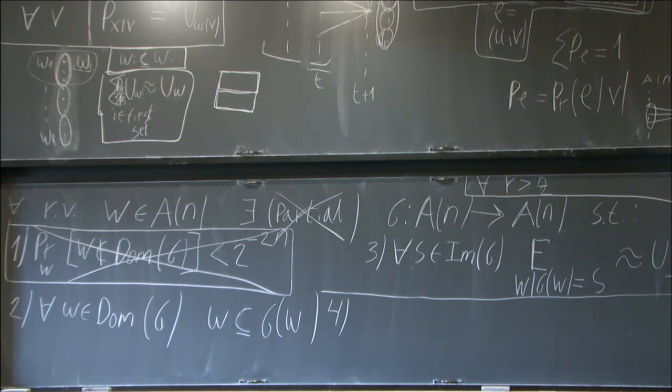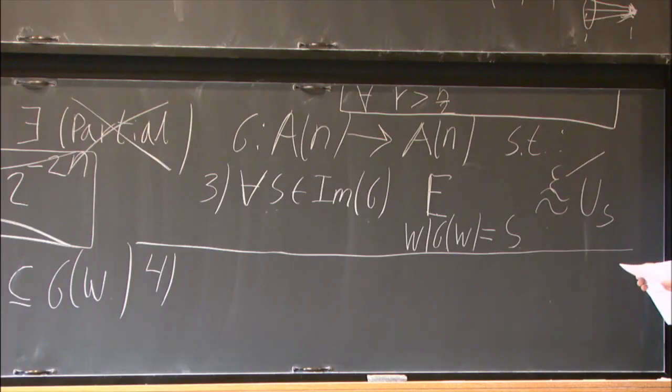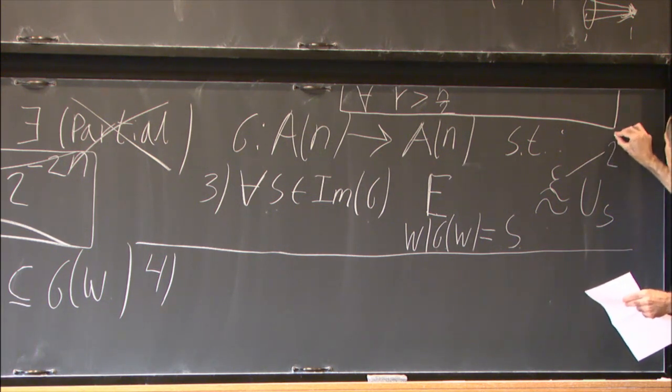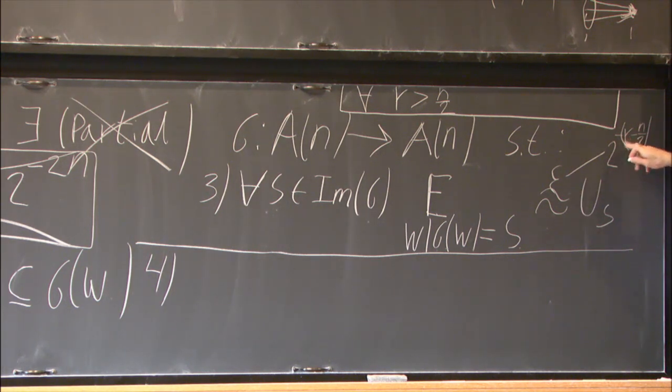Think of R as n times half plus epsilon, a little bit larger than half n. So for any R, this will be epsilon close, where epsilon is 2 to the minus R minus n over 2. So epsilon is exponentially small, but depending on R. So if you take R to be a little bit more than n over 2, you are fine.